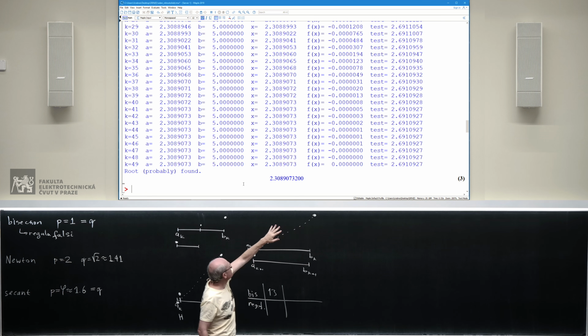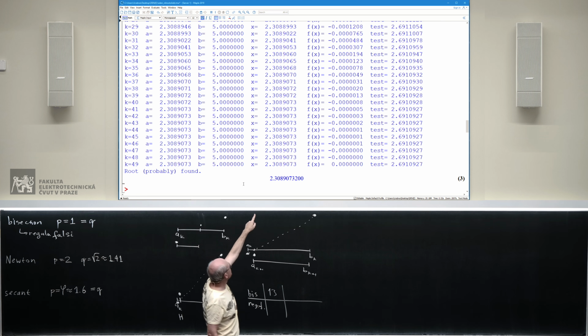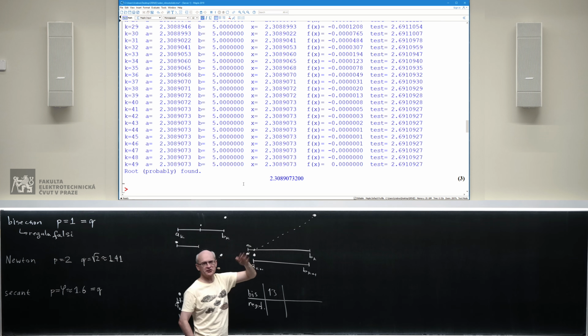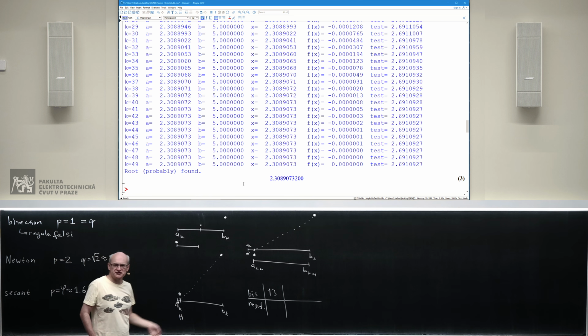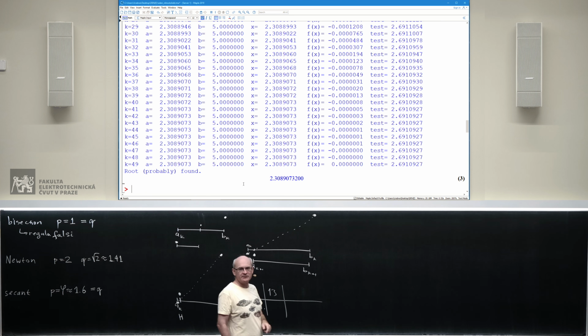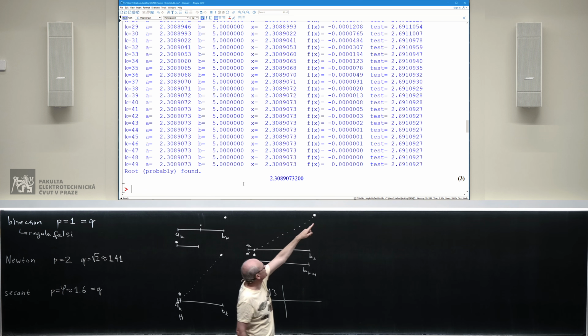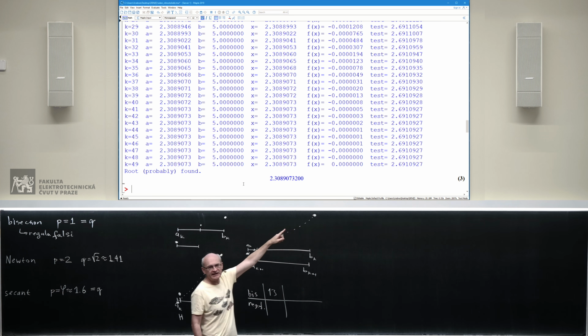And it so happens that at iteration 49, the value of f at this location is 0, so the procedure stopped, and it says, okay, I don't care about your stopping condition. Whatever it is, I see that actually we have the root. But if we were relying on the stopping condition, then the procedure would not stop. And it would never stop.